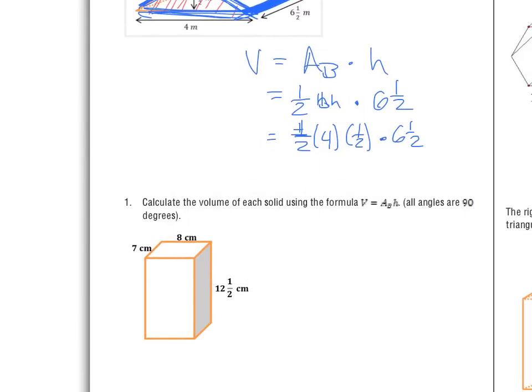So if I go through and do all that multiplication, one way we can do this would be 0.5 times 4 times 0.5 times 6.5. If I do all that multiplication, I'm going to get 6.5.